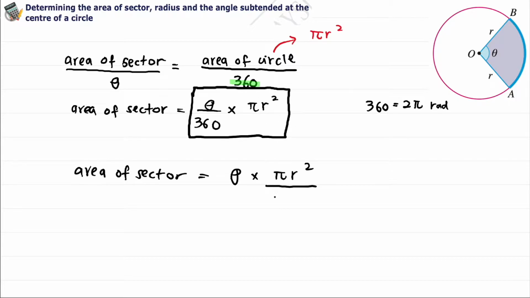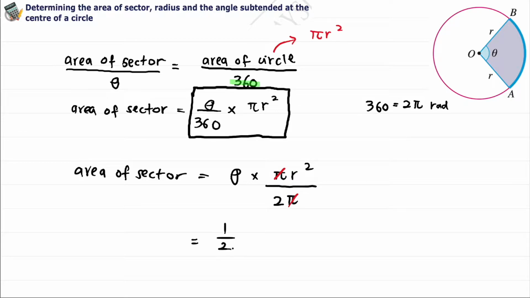We change it to 2 pi like this. Now we cancel the term that we can cancel, which is pi. So we rearrange it.